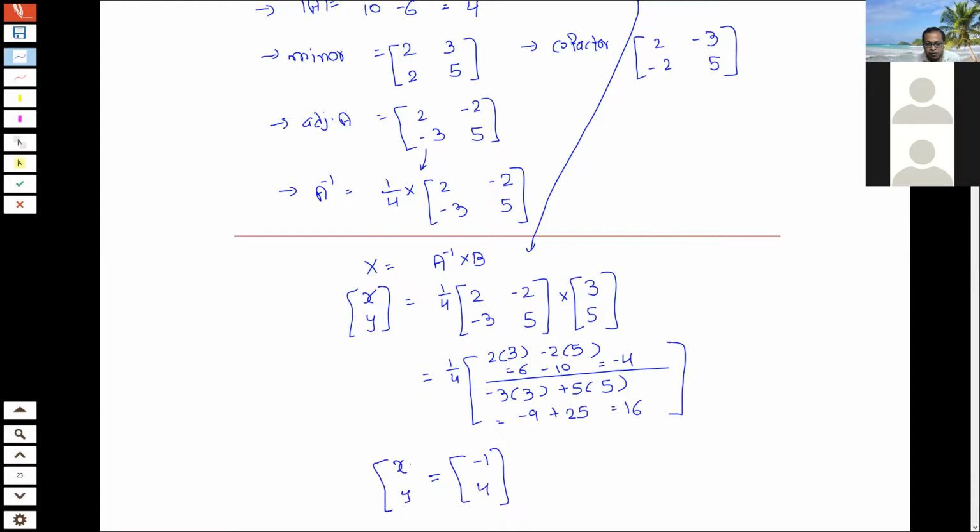So I'm getting values of x and y like this. On comparison, I can say that therefore x is -1 and y is 4. Let's check whether it is correct or not. Yes, in question number 10, we have x as -1 and y as 4. So we got the answer of this question as well.